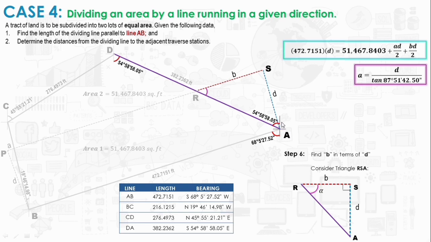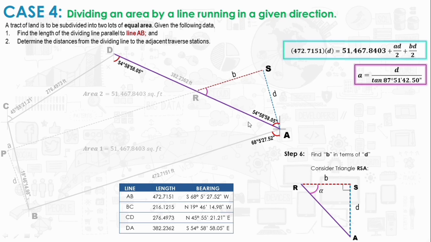Yung angle, nagsimula siya sa north, di ba? From north to south. And we know na yung angle of rotation from north to south is equals to 180 degrees. So, if this is overall 180 degrees, makukuha natin yung included angle dito. Paano? By subtracting these two angles from 180 degrees.